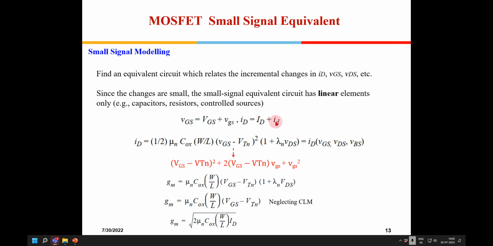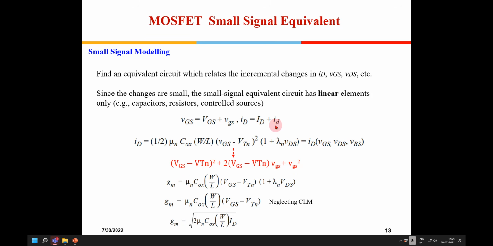Then GM is actually small d i D by small d VGS. We are considering capital I capital D to be constant when differentiating, since it is a DC component, and after differentiation it goes to 0.